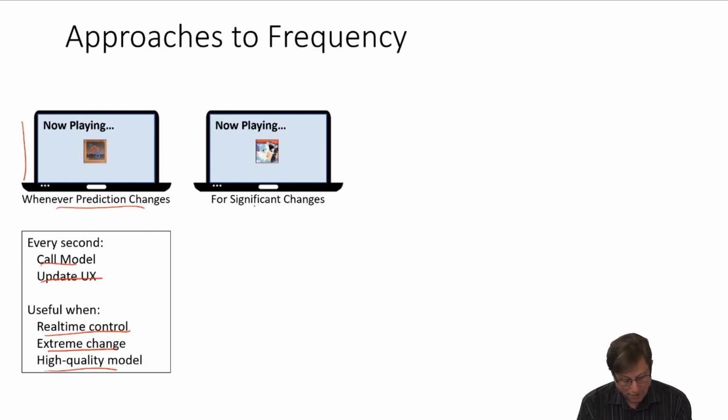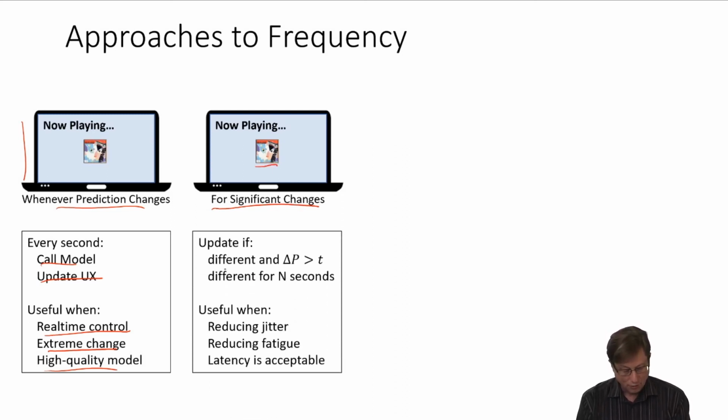Another thing you could do is just wait for significant changes. Here, let me just click and see what I wrote here. So if the current answer is different and the delta in probability is greater than some threshold, and or the current answer is different from the previous answer for more than n seconds, then make a change. I don't know if you noticed that this animated and it animated slower than that one.